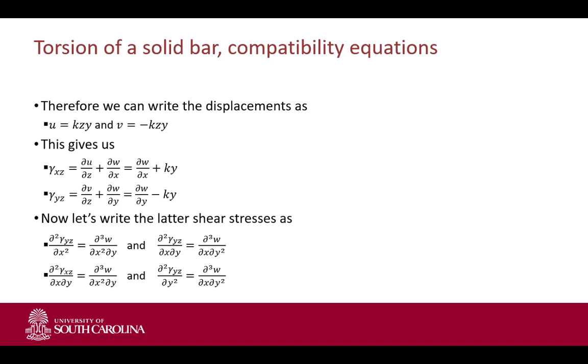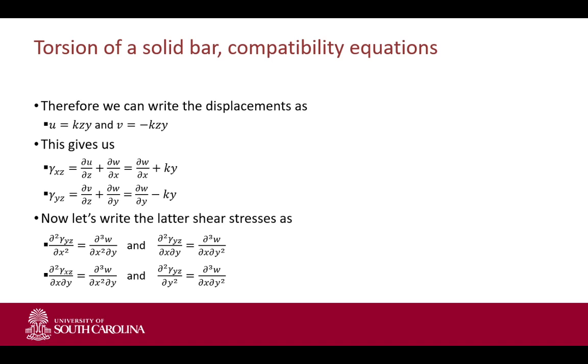So therefore our displacements u and v have the form of the constant k multiplied by y multiplied by z for u, and the v displacement is the negative of k multiplied by z and x.